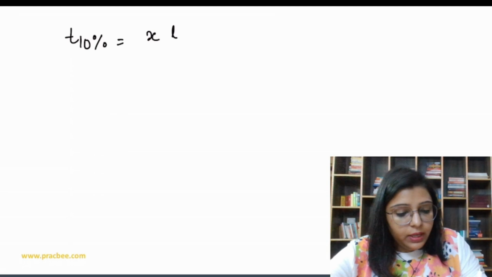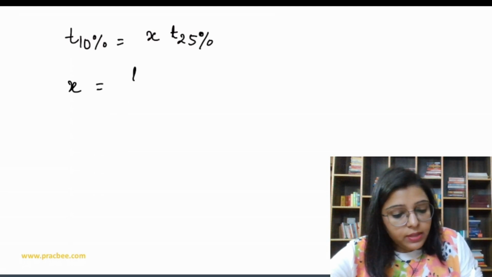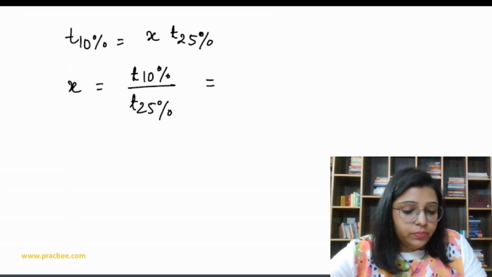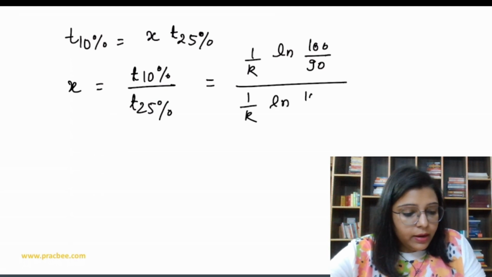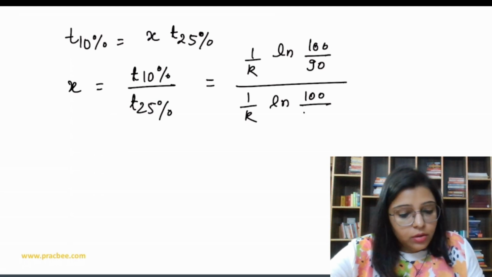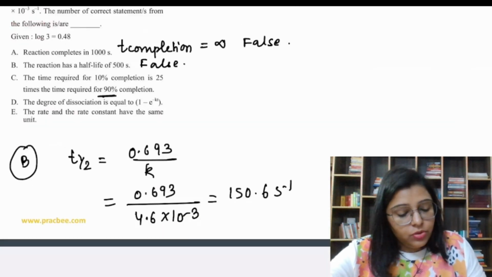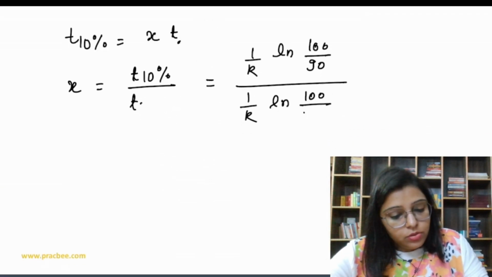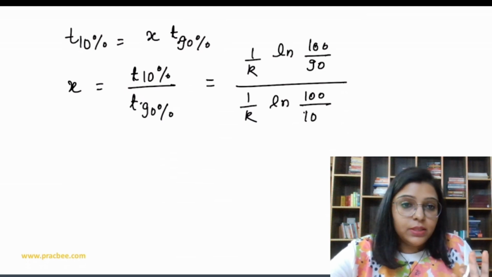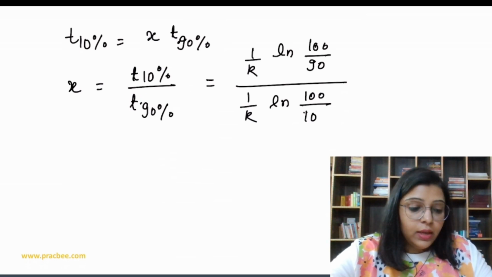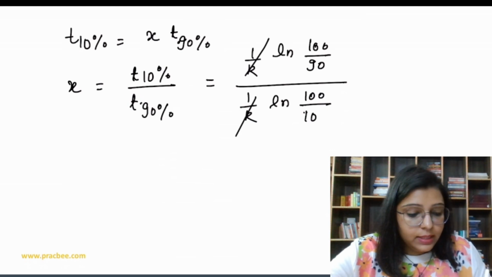We have to find the value of X, which is T 10% upon T 90%. For 10% completion, we can say 1 by K ln 100 upon 90, divided by 1 by K ln 100 upon 10 for 90% completion, because the remaining amount is going to be 100 minus 90. So 1 by K cancels, and we can solve this.